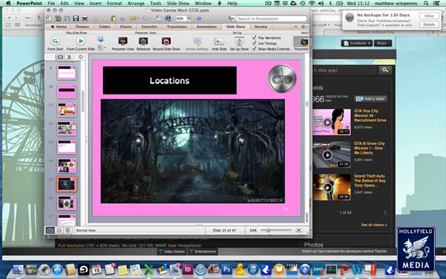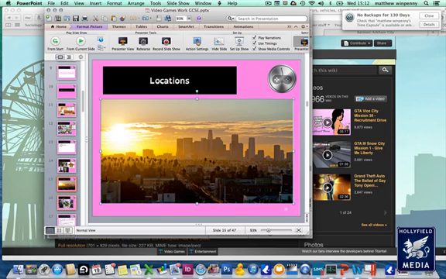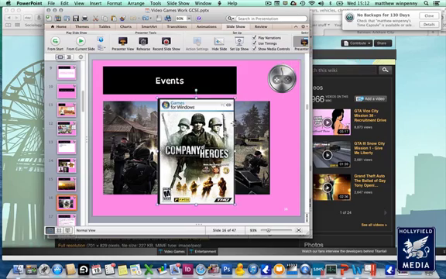Okay, which looks like a location which isn't nice, which is quite scary, which is quite dark, somewhere where we wouldn't want to go and visit, and that would again link into the storyline within the game. Finally, we've got events.